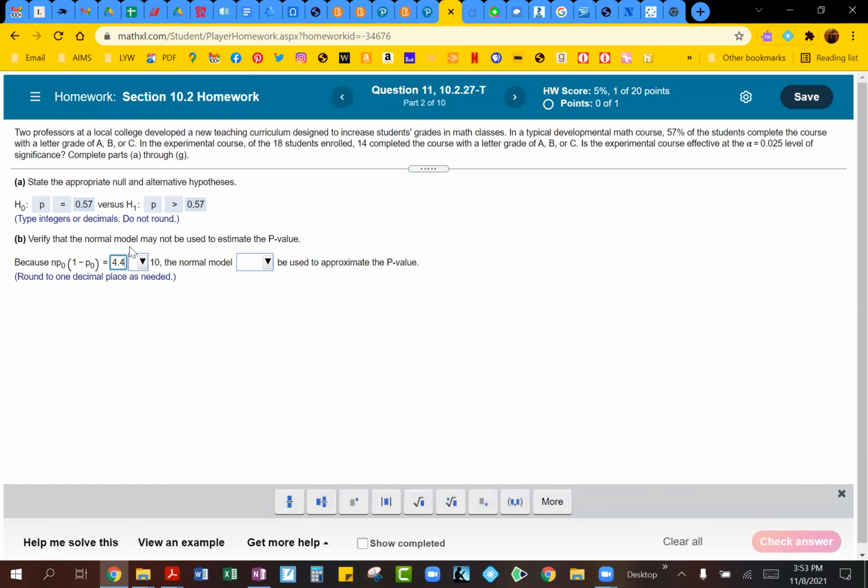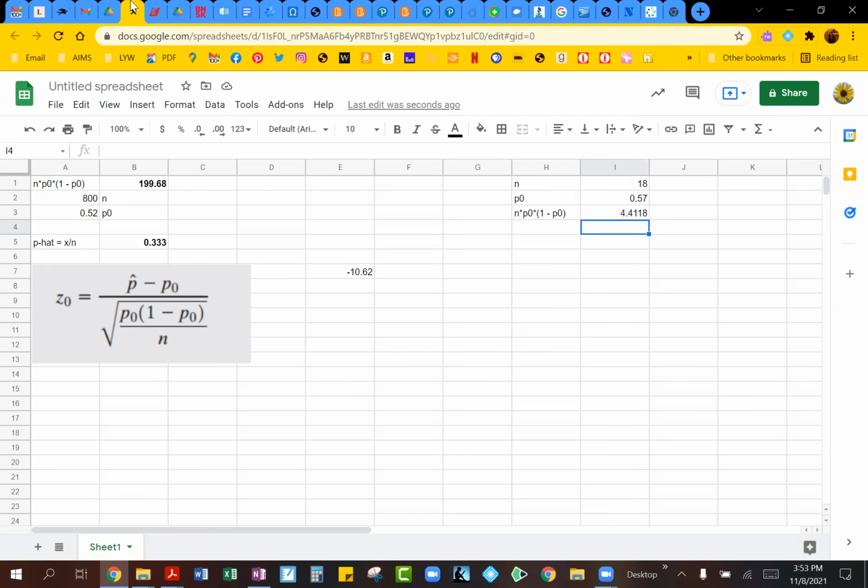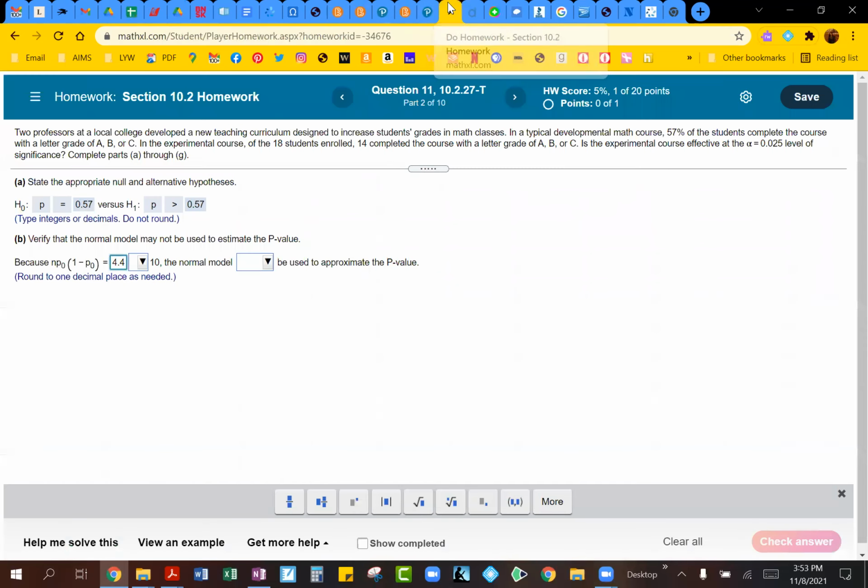So what was that, 4.4? Yeah. So this number is less than 10. So the normal model may or may not be used to calculate our p-value.